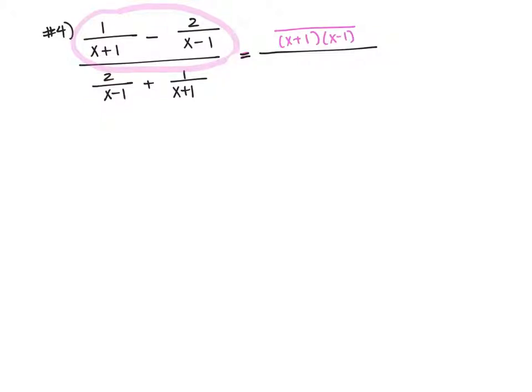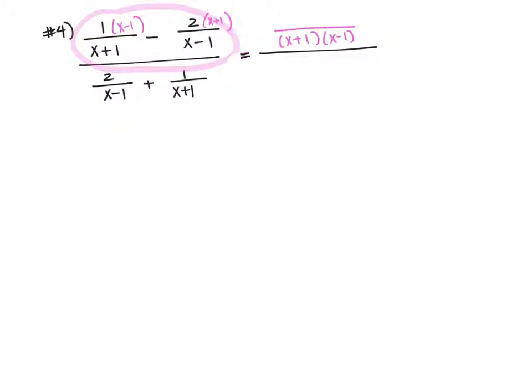And so when I look at this fraction here, this denominator is missing x minus 1, so I need to multiply the top by x minus 1. Whereas this side here is missing x plus 1, so I can multiply this too by x plus 1. So when I do this, let's see what I have for the top.